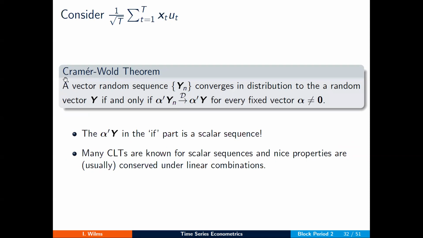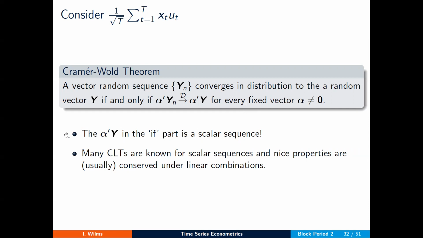Well, a very powerful device here is the so-called Cramer-Wold device. And this theorem says that a random vector sequence converges in distribution to a random vector y if and only if this linear combination of the first guy converges in distribution to the same linear combination of y. And this for every fixed non-zero vector alpha.